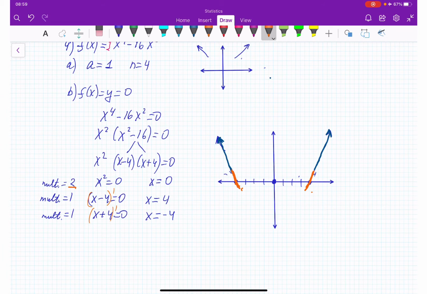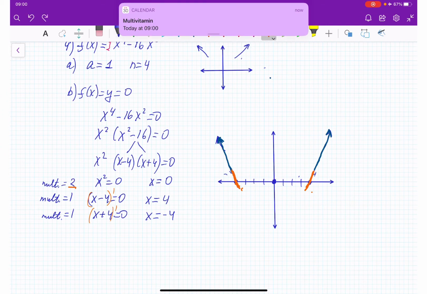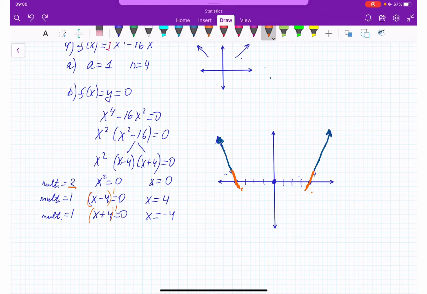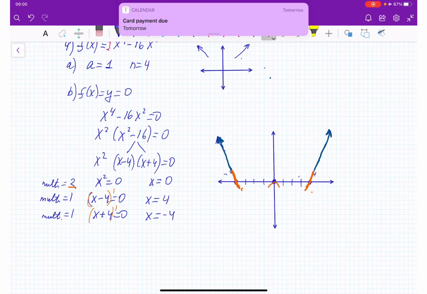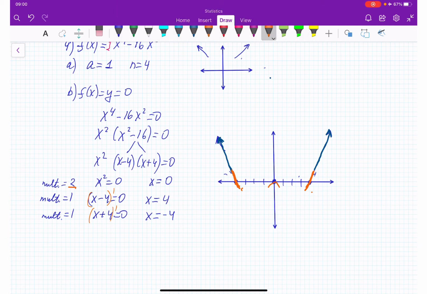What does that mean? It's going to curve up or it's going to curve down. Obviously, it's going to curve down, because both my ends are down.